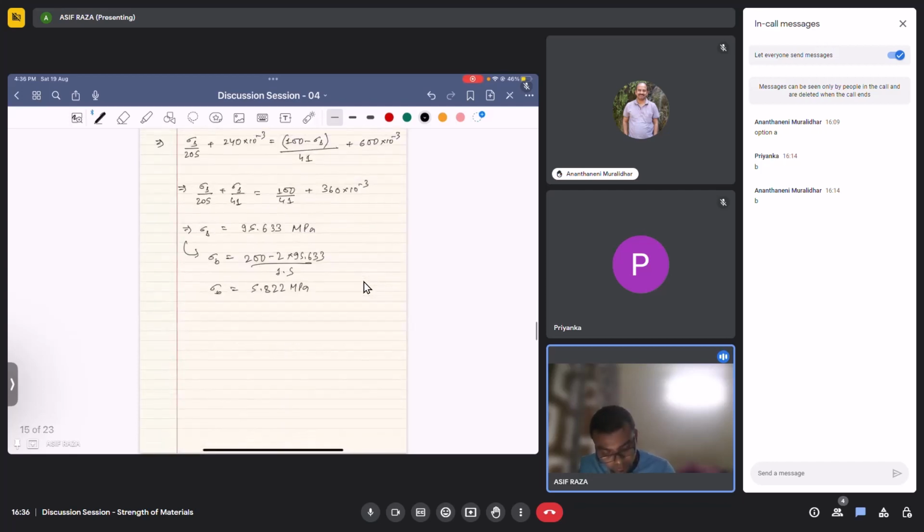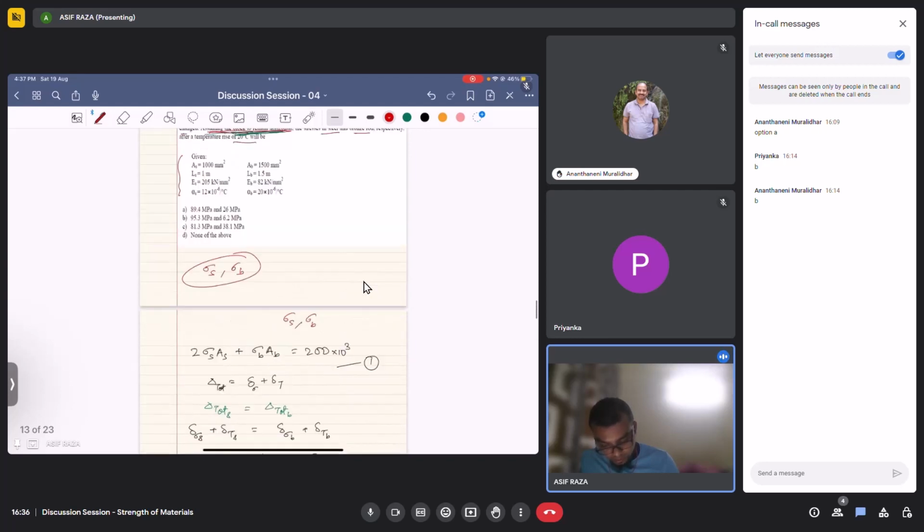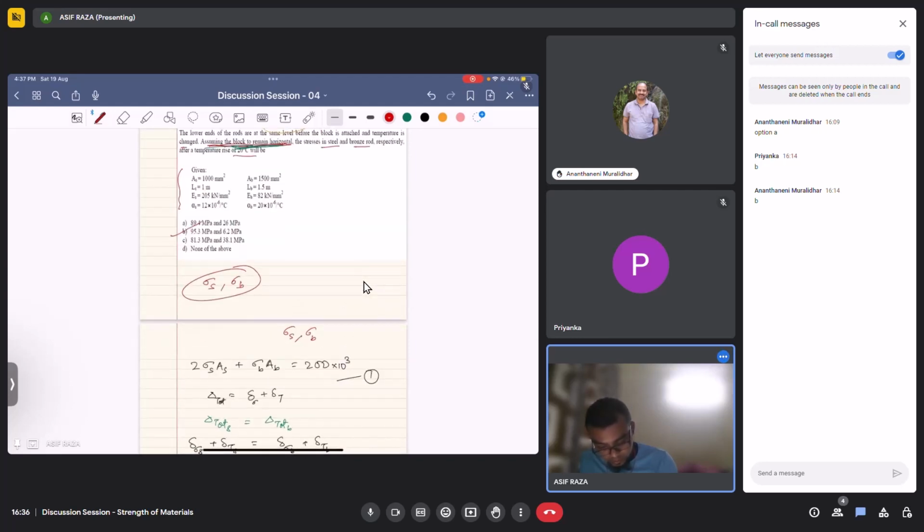So there could be some kind of round-off error. Let me see, 200 minus 2 times 95.633 divided by 1.5 gives 5.822. So it's closer to option number B.